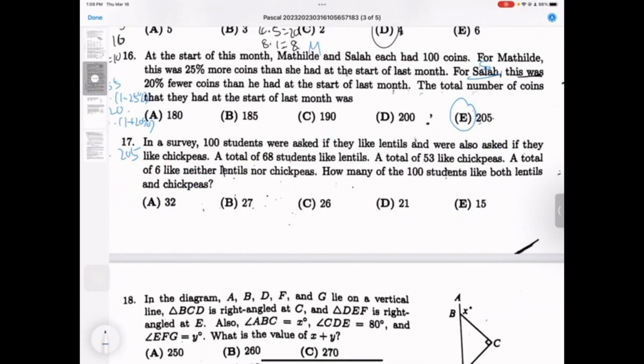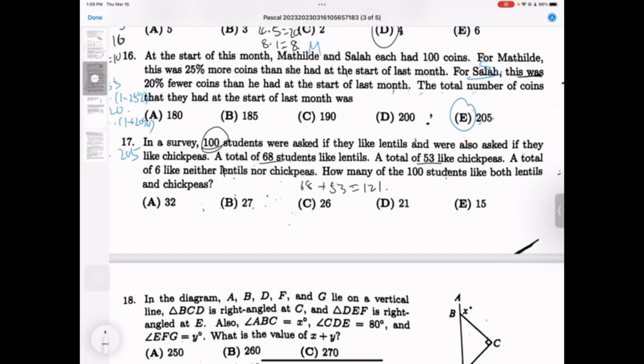So for question 17, we can easily notice that the sum of the students who voted for both options is more than 100. Because we know that 68 plus 53 is 121, and we also know that there are only 100 students who participated in the survey.